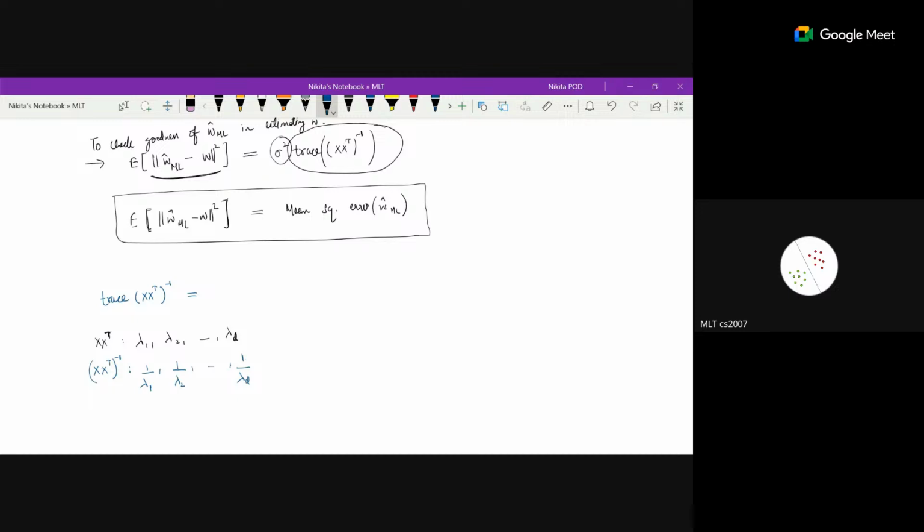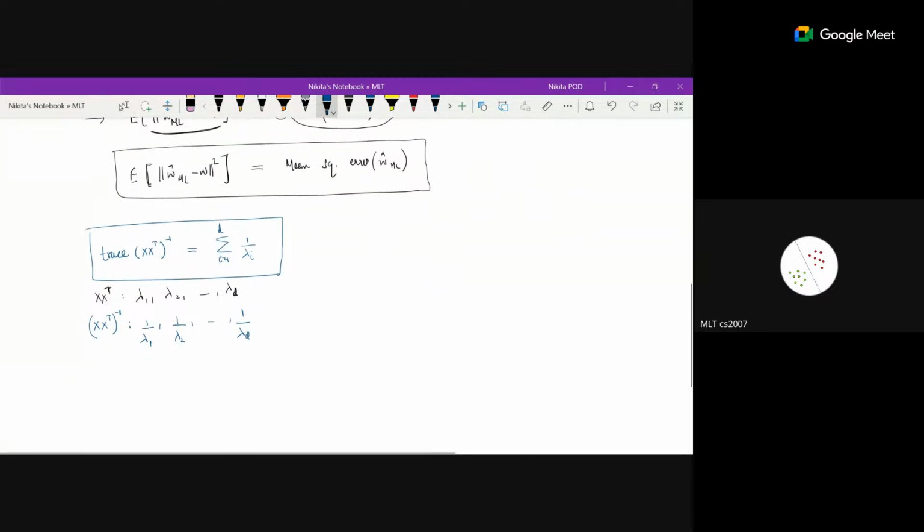So the trace would be just the sum over 1 upon lambda i, where i is varying from 1 to d. This is the trace for my XX transpose inverse.